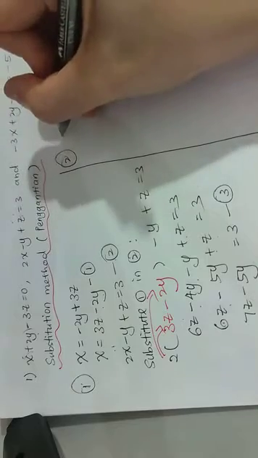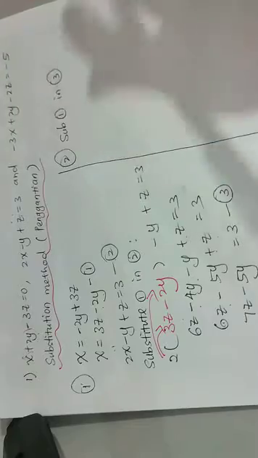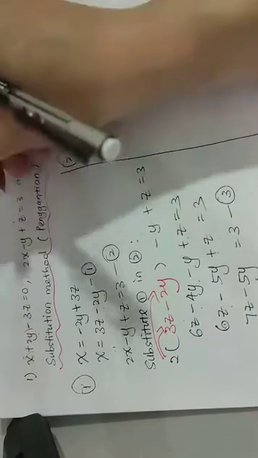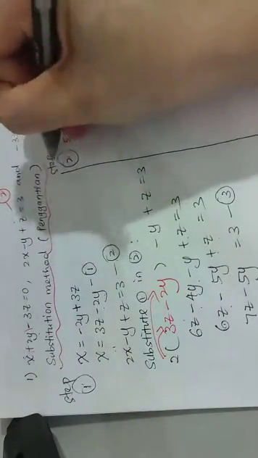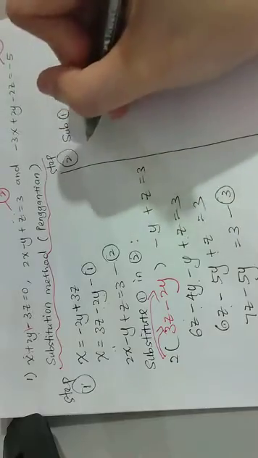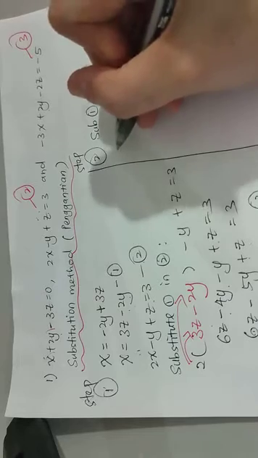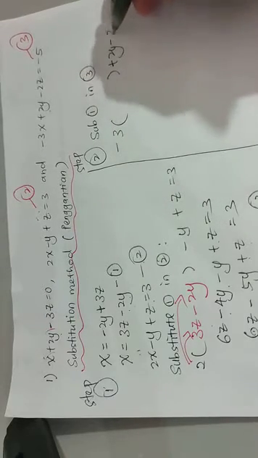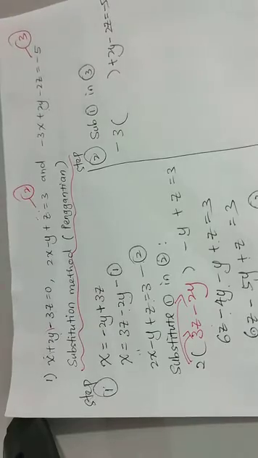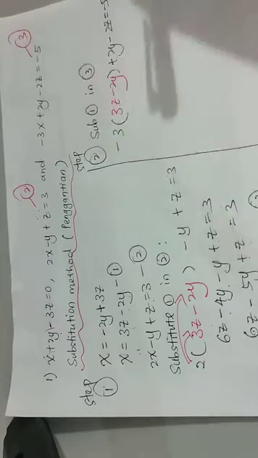Okay, so I substitute the first equation into the third equation. This is my third equation, this is the second equation, this is the first equation. Step 1, step 2. So substitute the first equation into the third equation. In the third equation, negative 3x, I substitute x with 3z minus 2y.